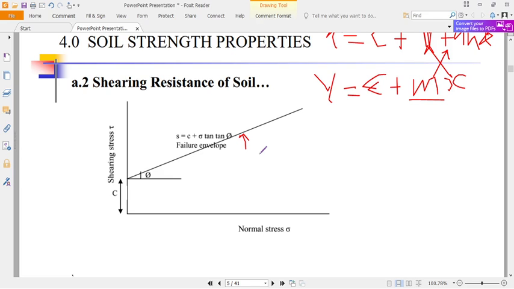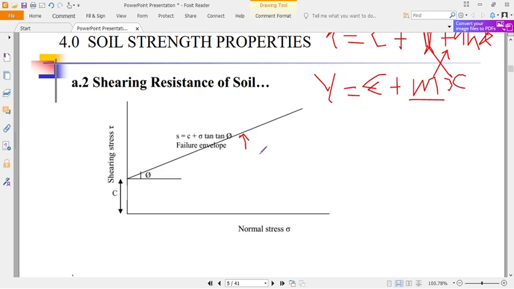Now this is our x, which is the normal stress, and this is our y, which is the shearing stress. So what is the shear stress? When you apply a force along a plane, shearing or twisting, you have two forces which are parallel, applying a couple in the same direction at a fixed point. So the soil will tend to twist or to shear.